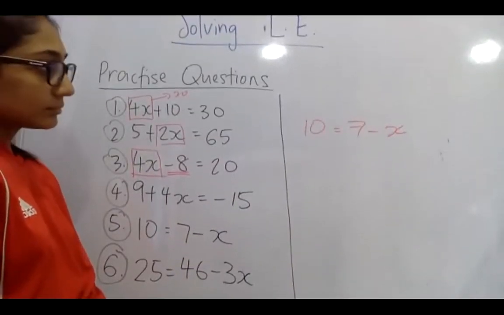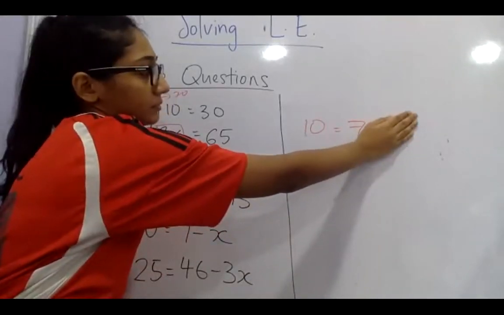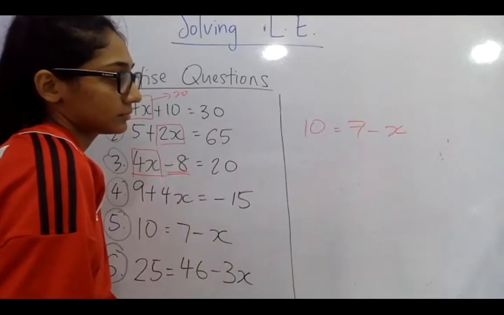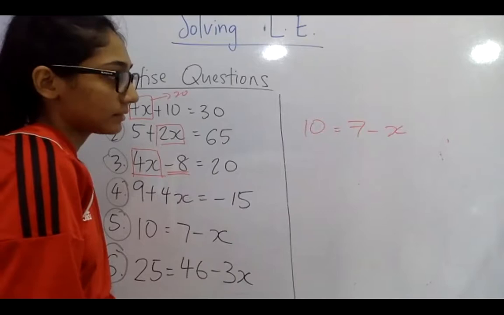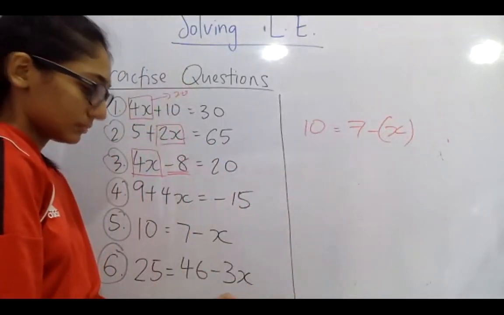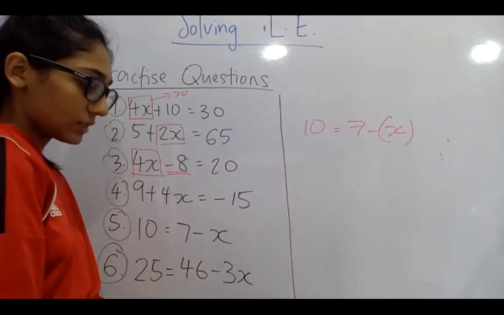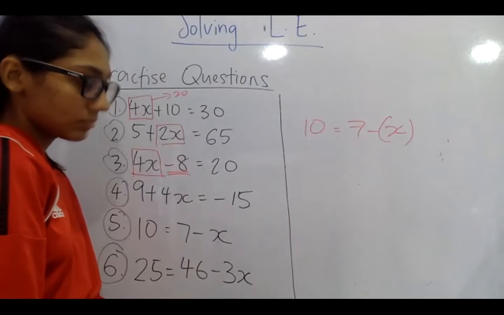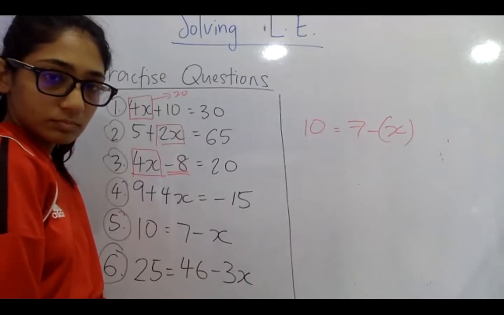Okay, so first cover up the lettered bit. So now you have 10 equals 7 minus something. To find that something, you need to add 10 and 7 together. By adding 10 and 7 together, you get 17.